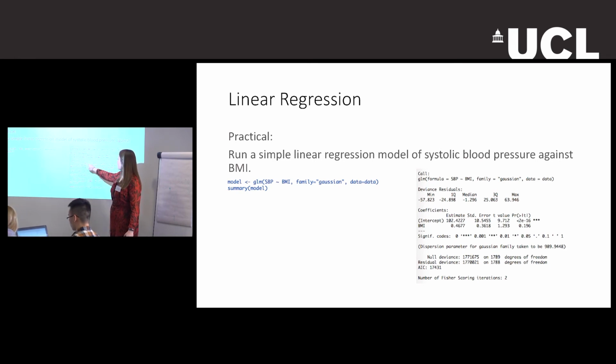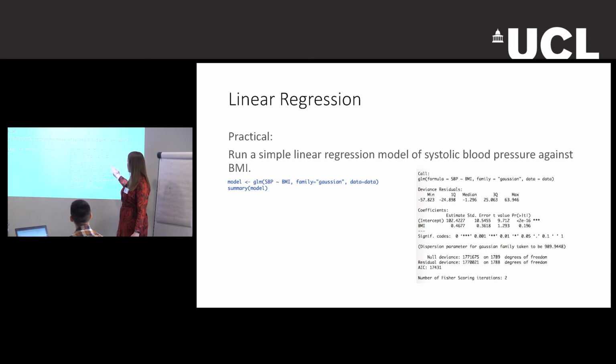This estimate here, the intercept, is your beta 0. This is where it crosses the y-axis. People tend to ignore this one, so it's not too important, but it's useful to know that that's what the number is. This estimate here, 0.467, is your beta 1. This is the association between BMI and systolic blood pressure.